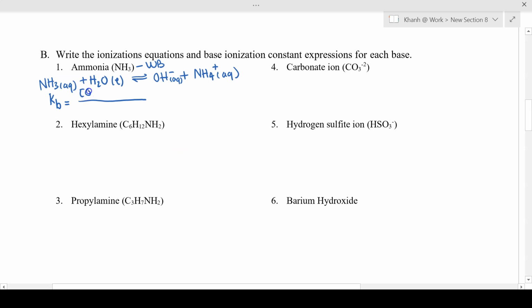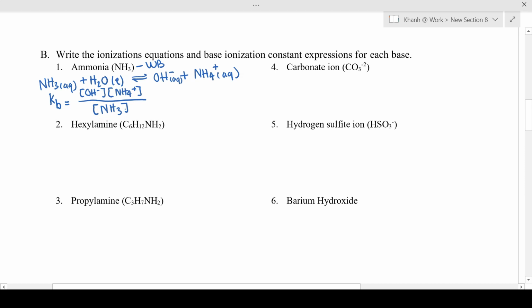So here is the concentration of your product. Make sure that your charges are contained within the brackets. Do not write the phases, meaning the aqueous or the liquid, into your equilibrium expression. And then the bottom is the ammonia concentration.